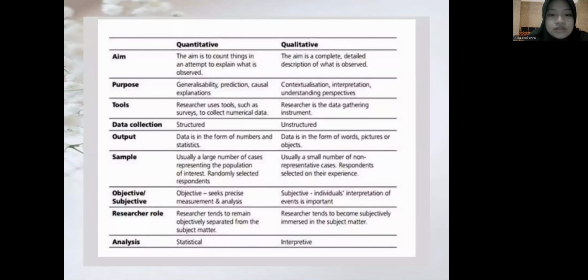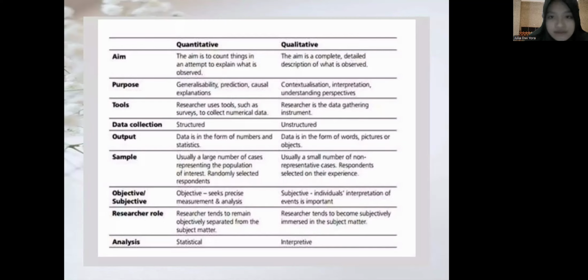Now let's look at the differences between these two types of research. From the aims, we know that quantitative research is to count, because it's quantitative, so it contains several numbers. So this is to count things in an attempt to explain what is observed.